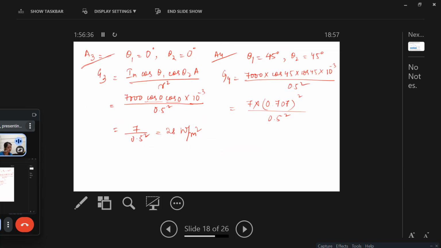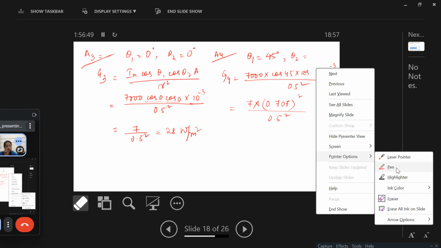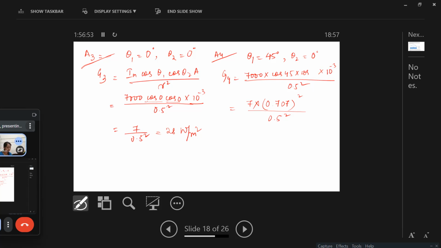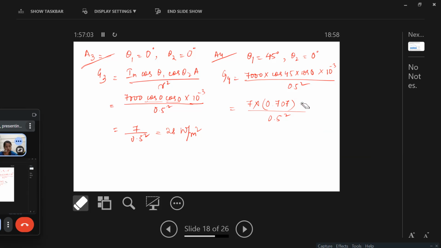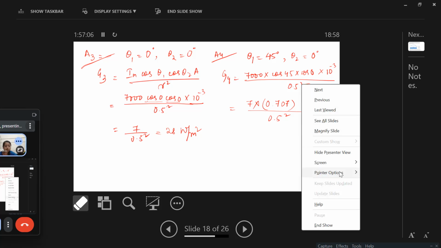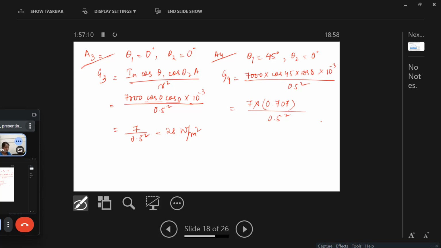So I've made a mistake here. Because cos 0 is 1, so now we get 19.8. So this is the correct answer.